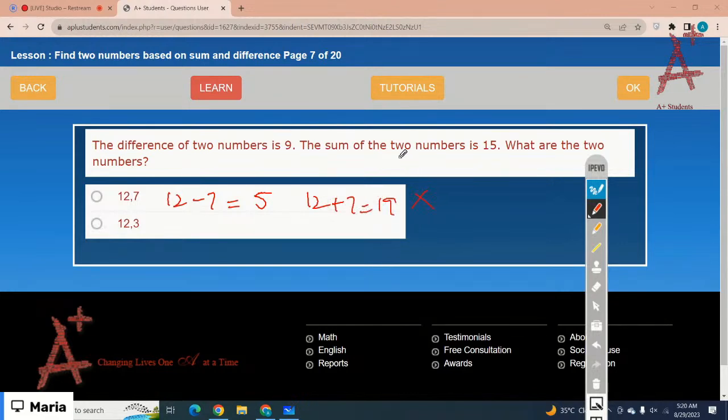This isn't the correct option, right? So 12 minus 3 is 9, and 12 plus 3 is 15. So the correct option is option number 2, right? They are 12 and 3.